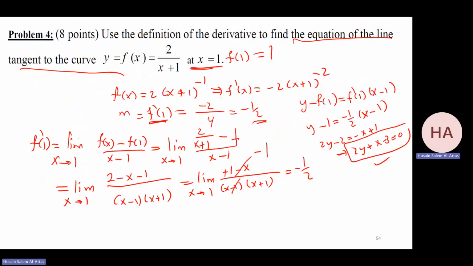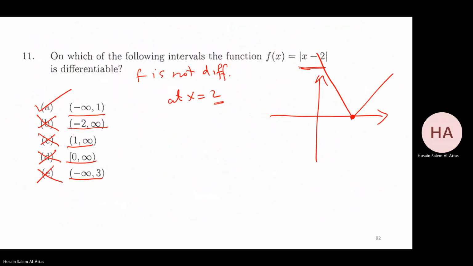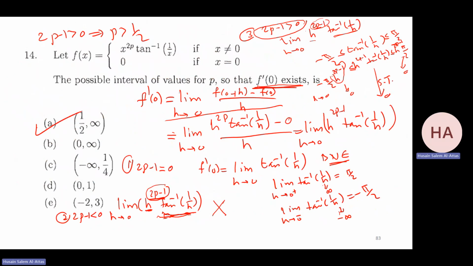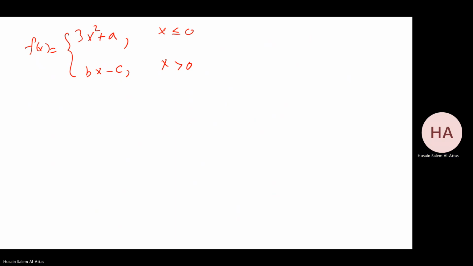Let me go to the last question we did. We did all of these problems. This one, I'll try to do it again. It says what? I have f of x equals 3x squared plus a if x is less than or equal to 0, bx minus c if x is greater than 0.